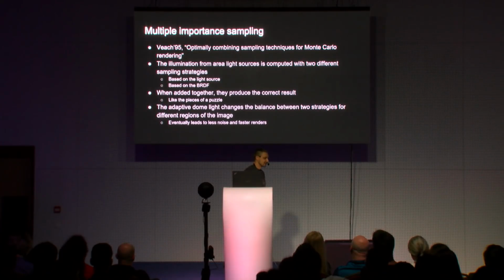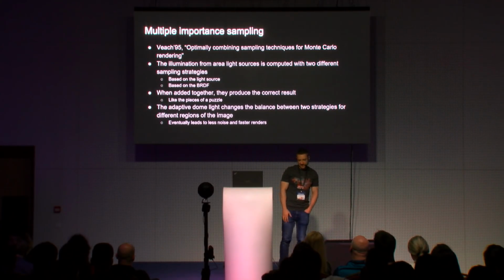So we got the scene from the customer, and I tried to figure out what's wrong, and I found out what's wrong, and I realized that we may have to give the whole thing up. To explain why, I will take a step back and explain what multiple importance sampling is.